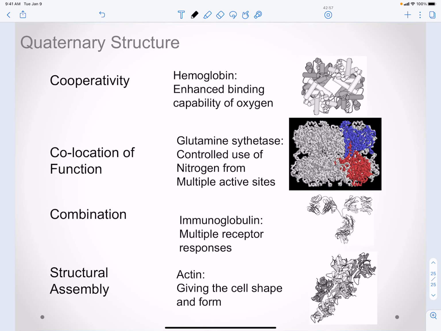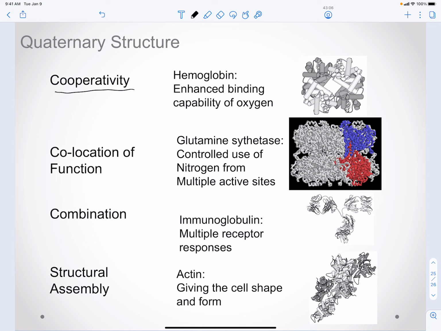Now, quaternary structure has some things going on with it. You have instances of cooperativity. So remember, you have multiple peptides in a quaternary structure. And so some of this is due to making sure that your protein really wants to function. So hemoglobin has cooperativity.